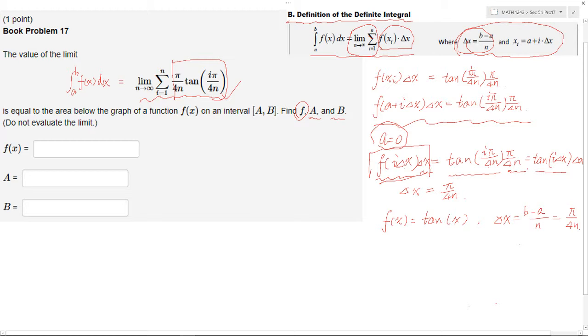So if a equals 0, this means we have b over n equal to pi over 4n. So b should be equal to pi over 4, right? So now we have our function. We have our lower bound a and upper bound b. So we are done.